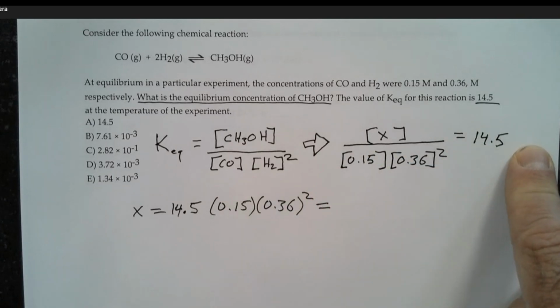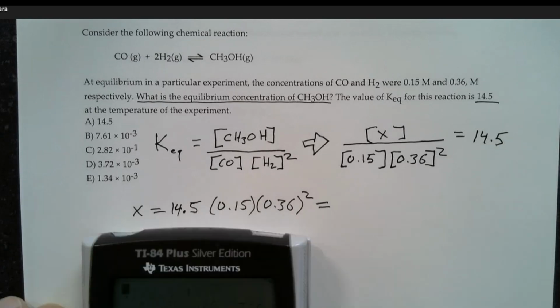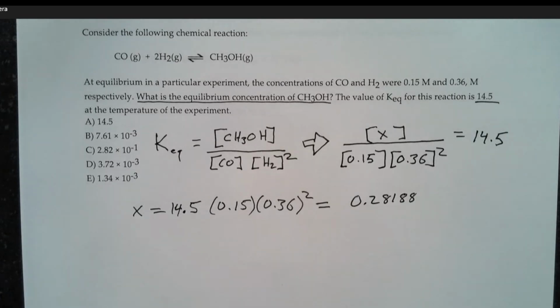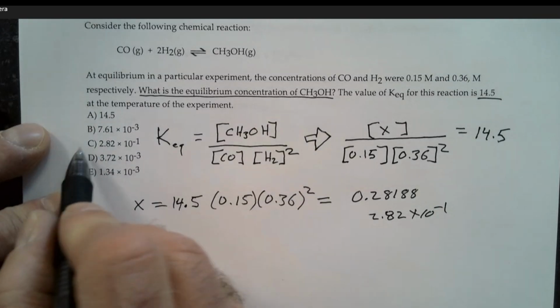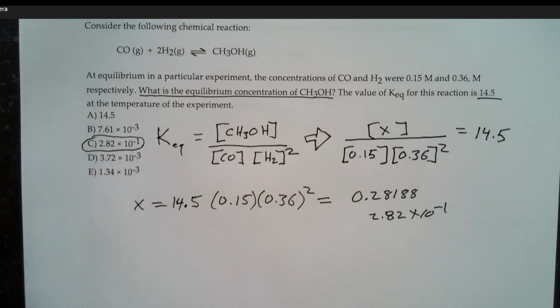If you don't remember the algebra, that's the algebra. So then I can do something like 14.5 times 0.15 times 0.36 squared. Hit the enter key, and I wouldn't normally mess with the scientific notation, but that means this is the answer.